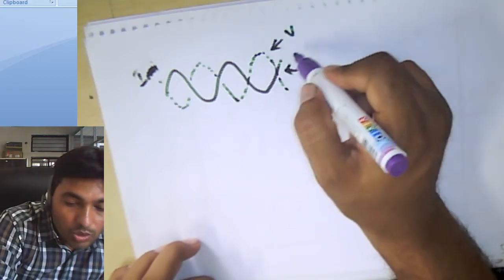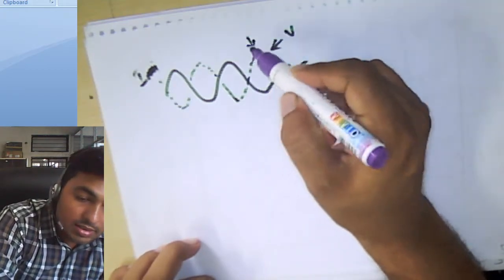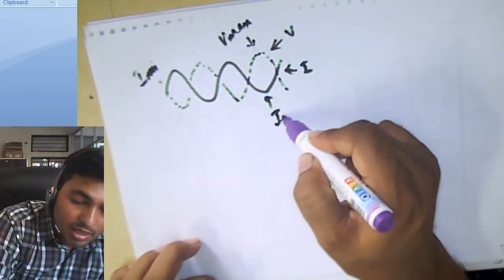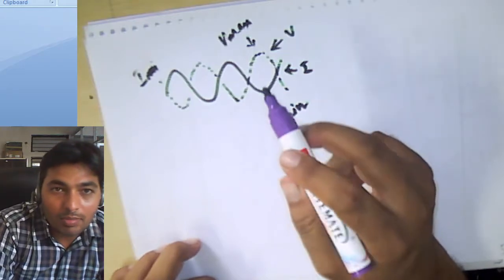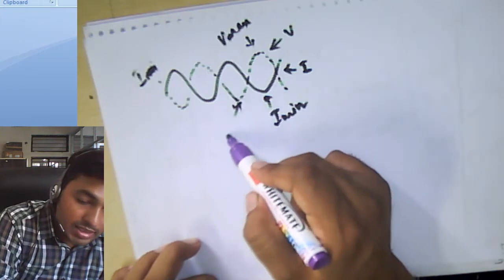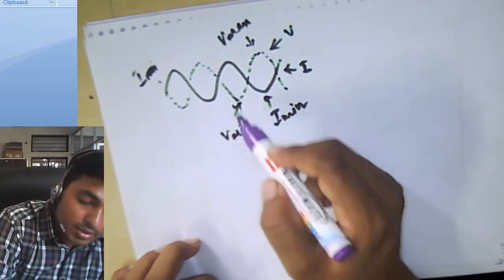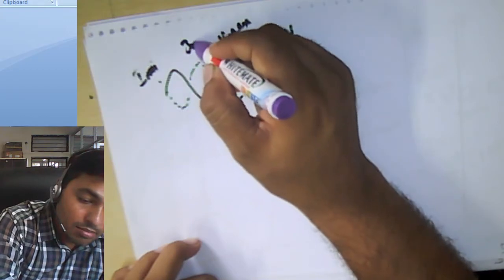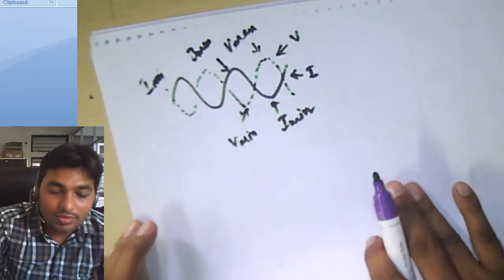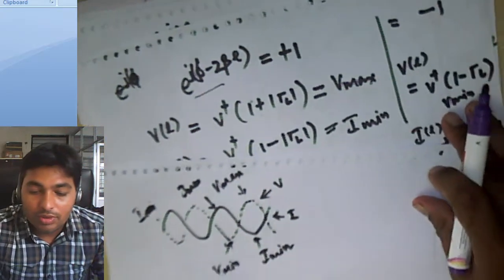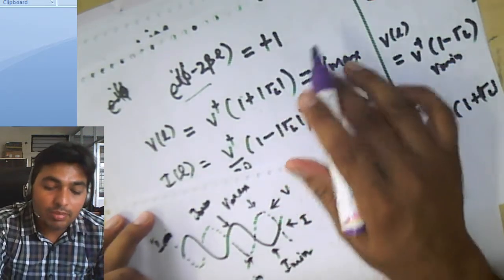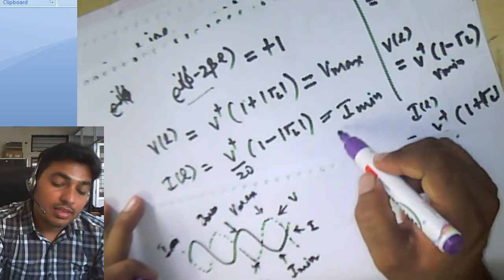Whenever voltage is maximum, so this is V max, current will be minimum, this is I min, while whenever there will be voltage minimum, current will be maximum. And the magnitudes of minimum and maximum voltage and current we have seen: V max is equal to V plus times 1 plus gamma L, 1 plus the reflection coefficient, and at that time I min is this.